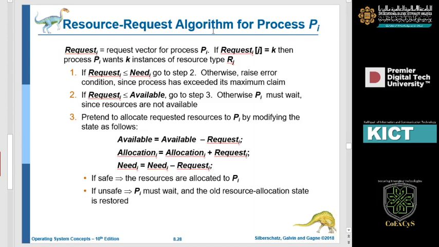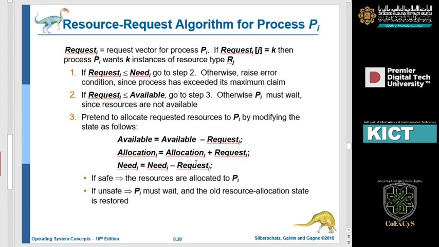Now the resource request algorithm: for a process, we have a request Request i. If the request is less than or equal to Need, go to step 2. If the request is less than or equal to what's available, go to step 3, and we start to allocate.